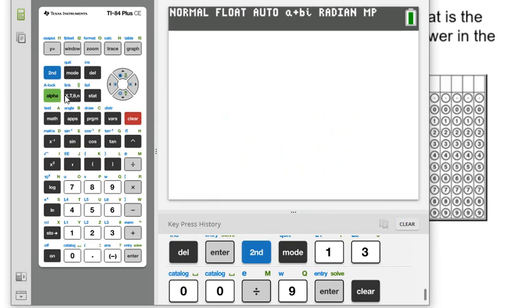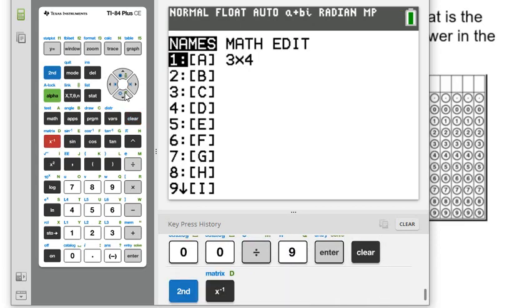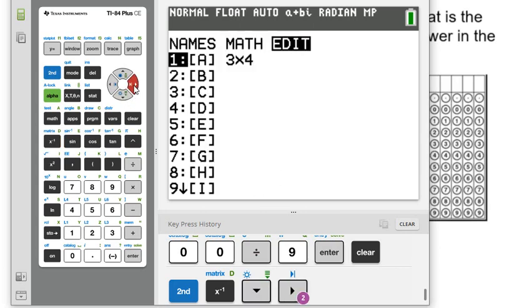I go to second matrix, and I'm going to go down to edit.